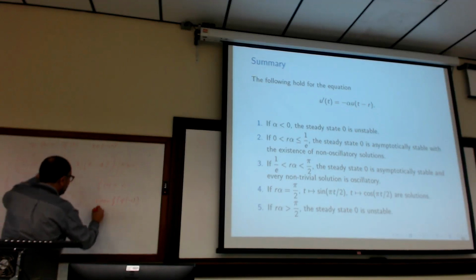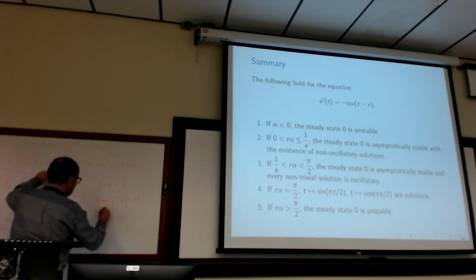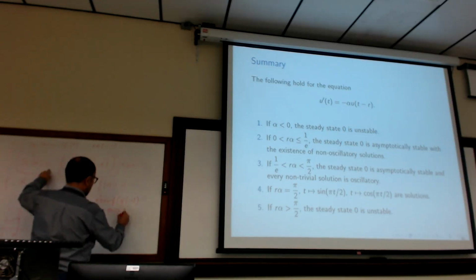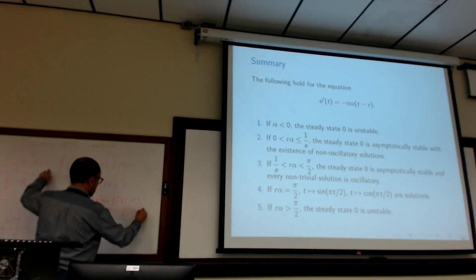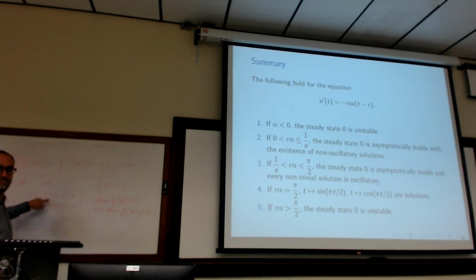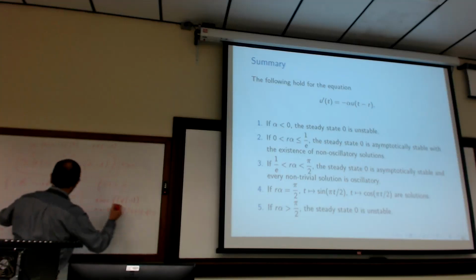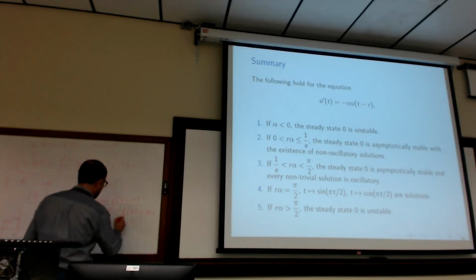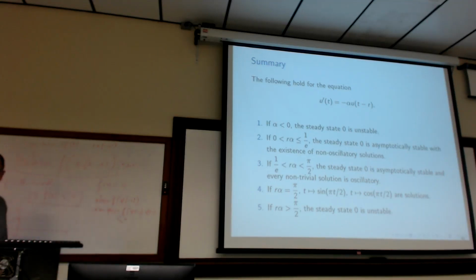If I multiply this by x, by phi, sorry, then I have f of phi of minus 1 times phi. As I have this property, and as this here is positive, that means this is negative. Okay?